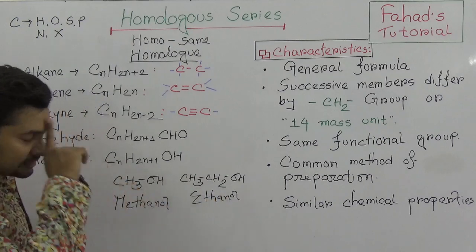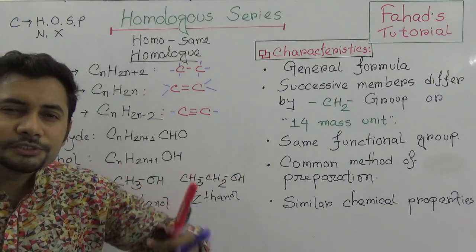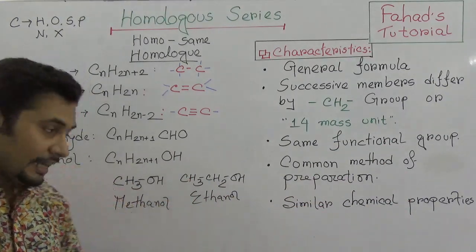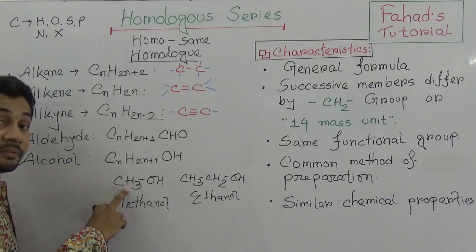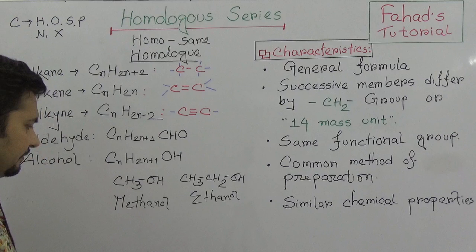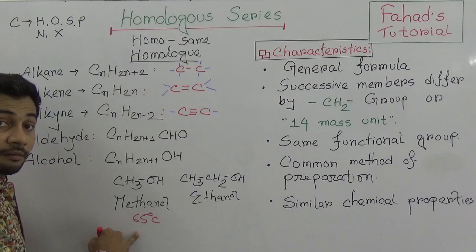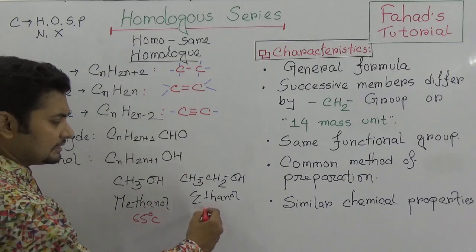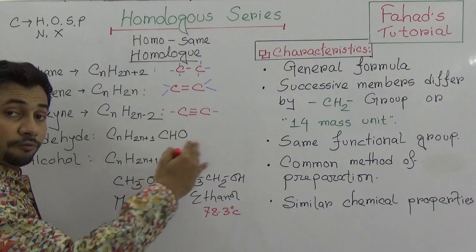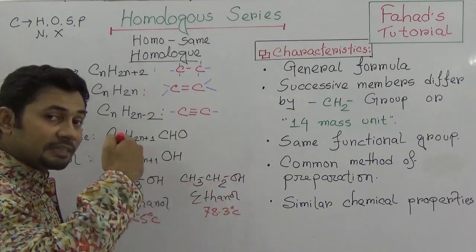And one more thing that we mentioned, that the physical properties and some other properties also closely vary based on the numbers. Like here, the boiling point of methanol is nearly 65 degrees Celsius. But you see the boiling point of ethanol is 78.3 degrees Celsius. If you go for propanol, the boiling point would be much higher.